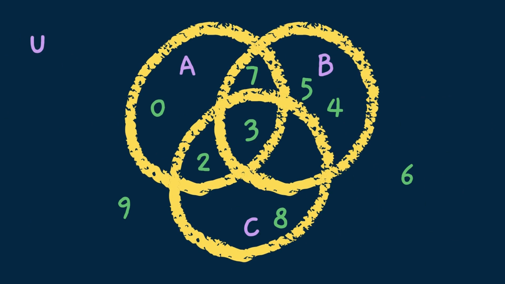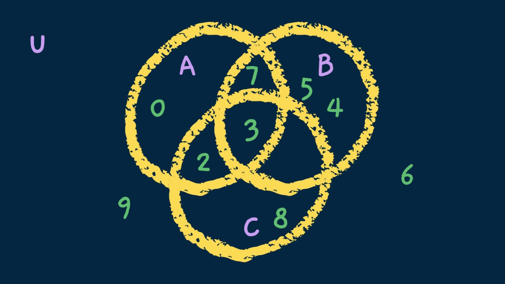Another example, we have three sets sa universal set na ito. Set A, set B, and set C. This time, instead na objects, the elements are numbers. So, ang element ng set A ay 0, 2, 3, and 7. While set B, 3, 4, 5, 7.